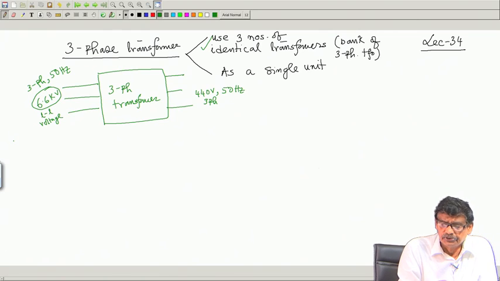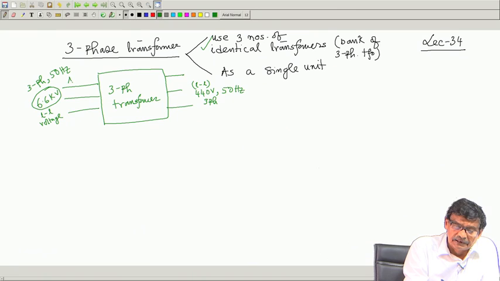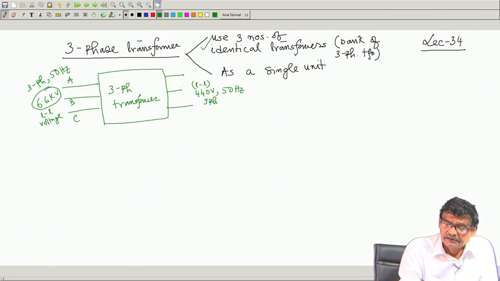A typical distribution transformer will have a kVA rating associated with it. Okay. So, 440 volt 50 hertz 3 phase, and this 440 volt once again is line to line voltage. So, the supply here is A, B, C, and on the secondary side I may call it a, b, c.